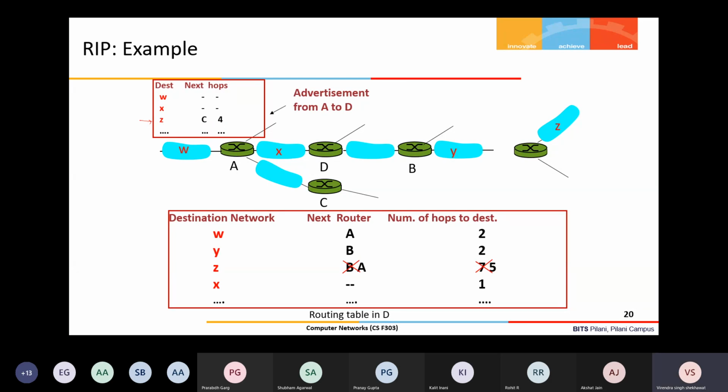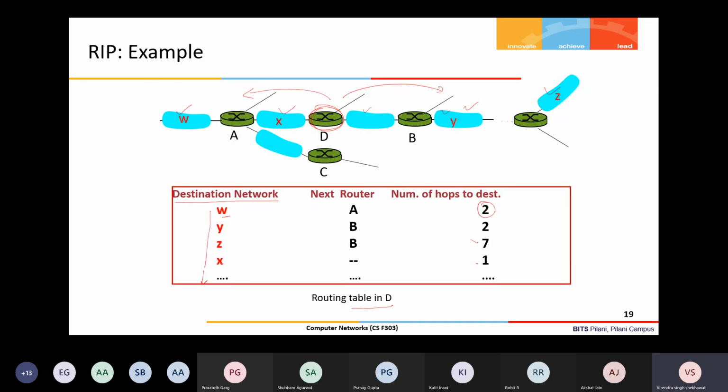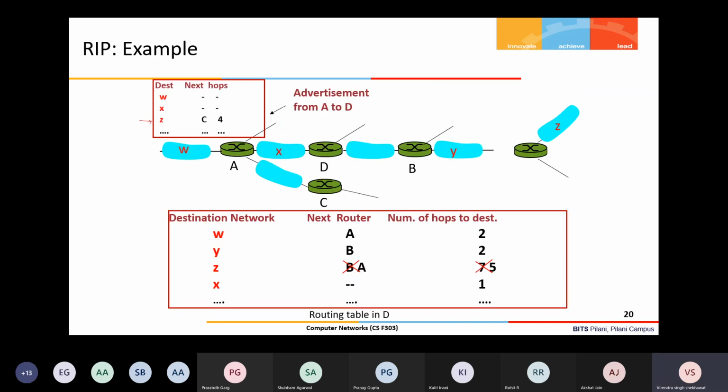The present cost for Z at D is 7. So now A is telling that its cost to Z is 4, and its next hop is C.